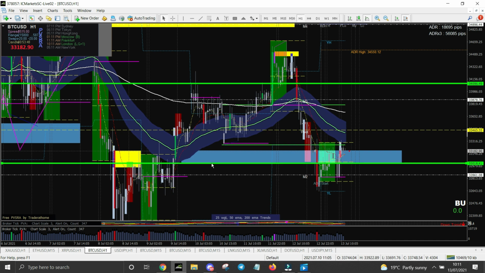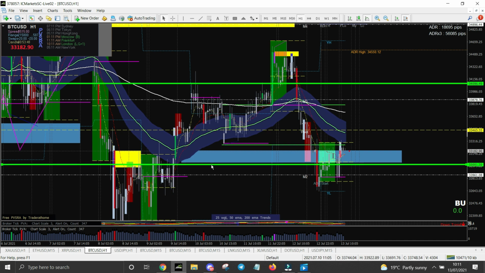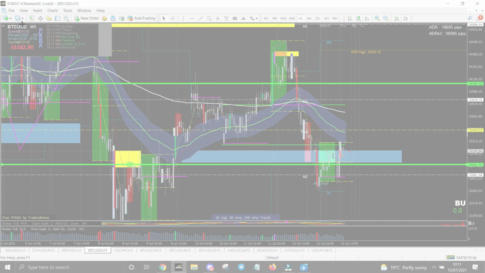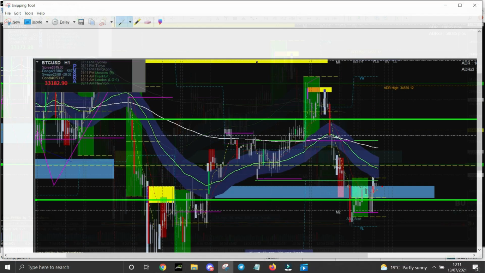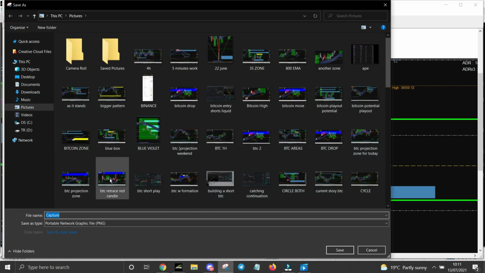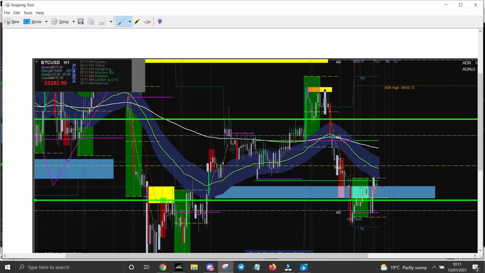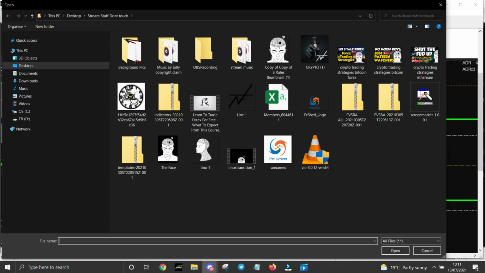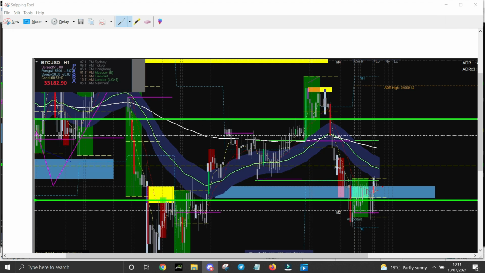So this is how it would look on MT4. I'm going to send that chart to you guys right now. This is how I want you to have it. Here we go. So I've attached a chart on there. The green line at the bottom, you can see that it's the whole number.